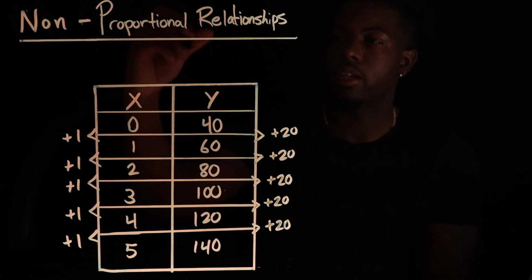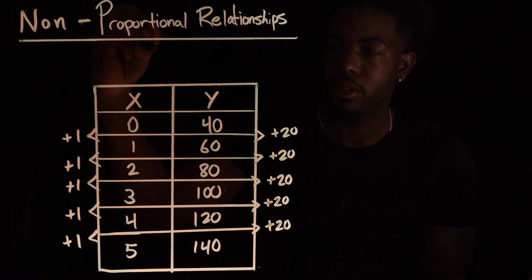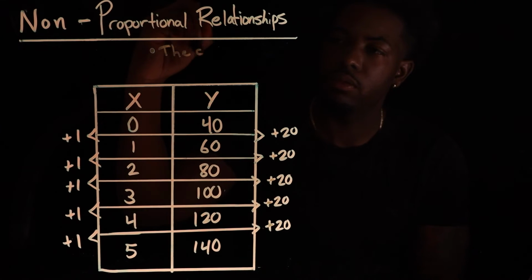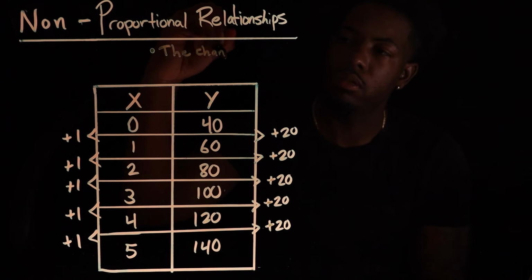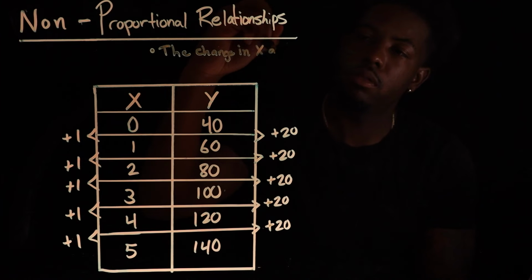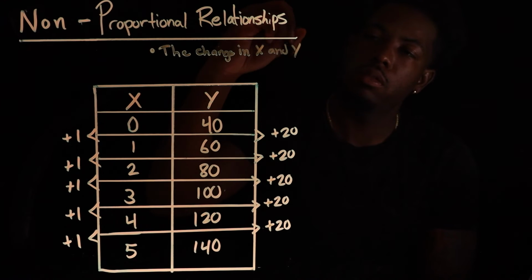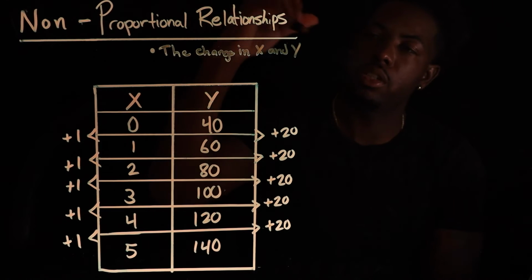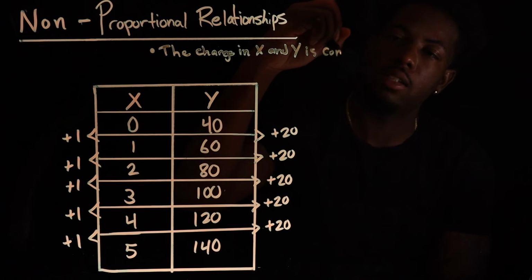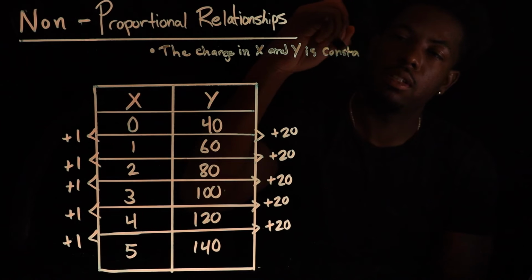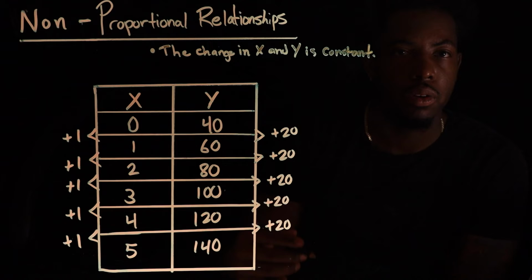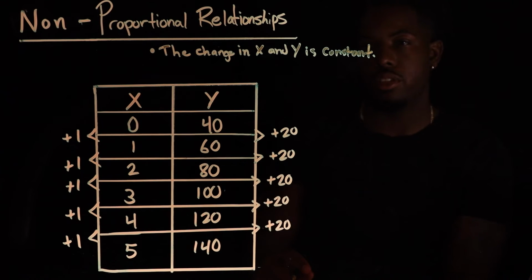We'll make note of that up here: the change in x and y is constant. And constant meaning it's the same throughout. As we go down the table, the changes are the same.